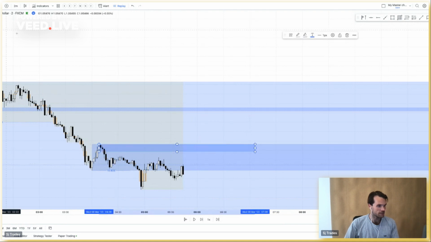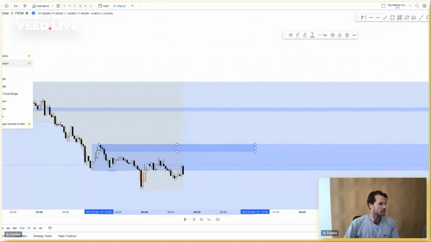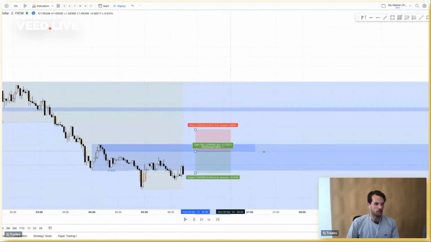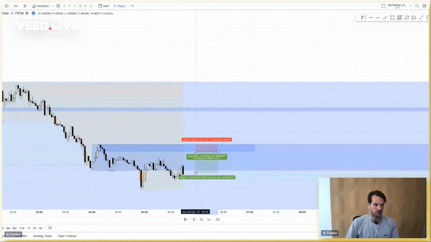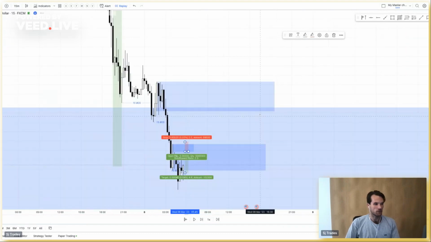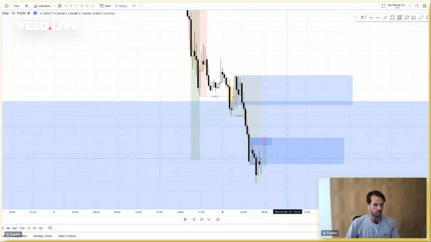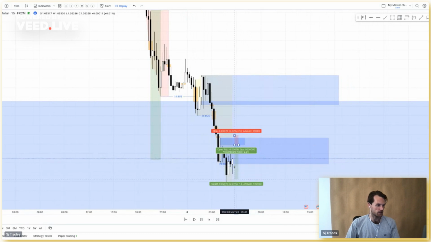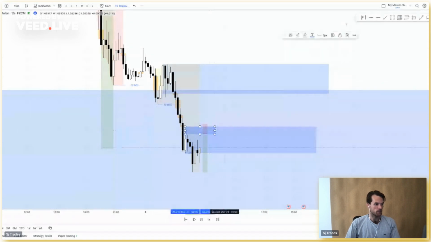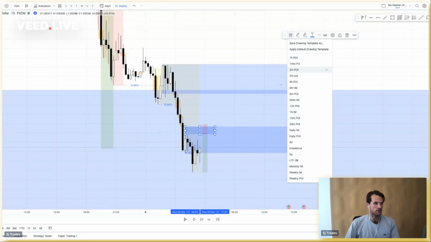For the sake of the video, I'm going to take it. But we've hit our main target that we thought price was going to get to, so we could start a retracement any time. So we're just going to obviously target the 15-minute breaker structure, next 15-minute low. I'll label that so everyone knows.